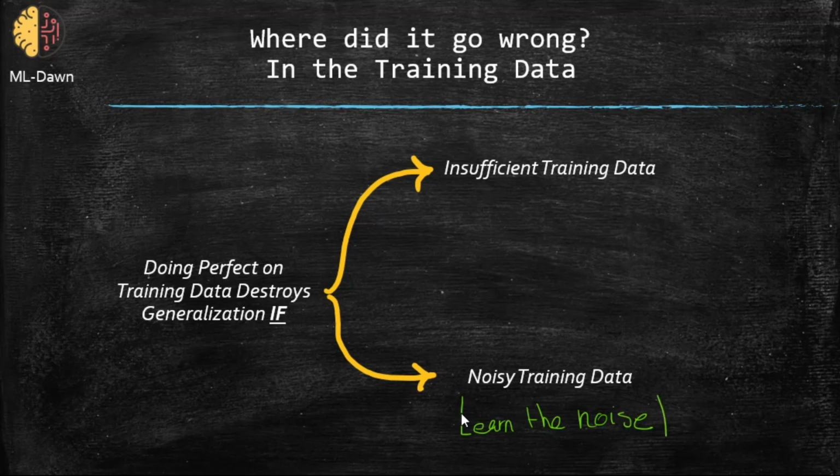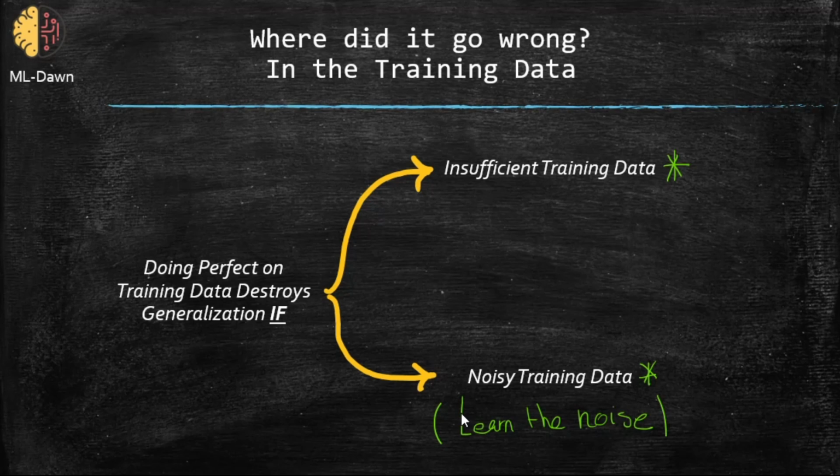For example, it will learn pictures of cats as dogs, which is wrong, right? So imagine if your algorithm does perfectly on a noisy data set. Now imagine new data comes in. Of course it's going to fail, because it has learned the wrong thing perfectly. So in this case it means learning the wrong data perfectly, and in the other case it means learning the insufficient data perfectly.